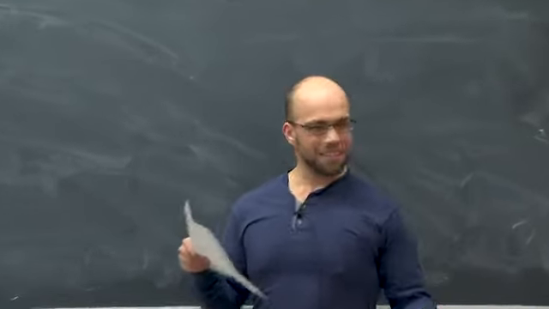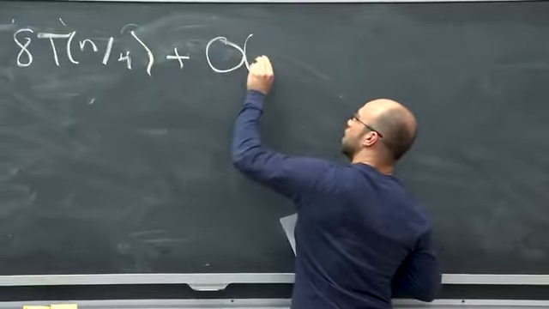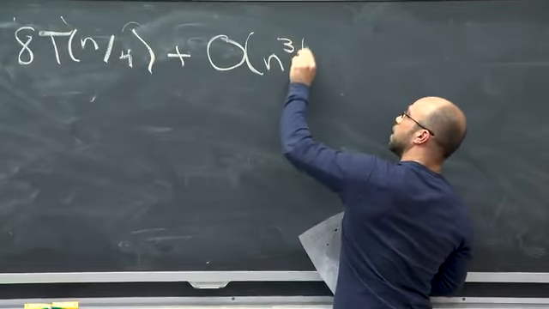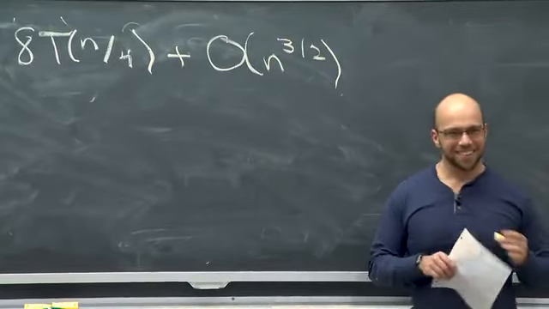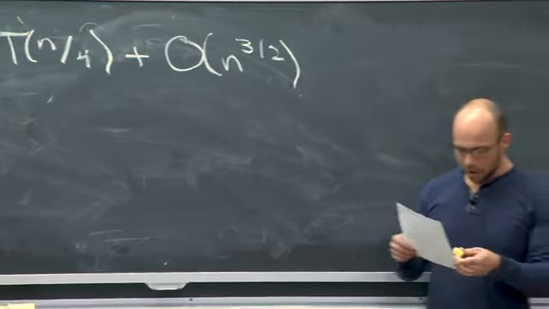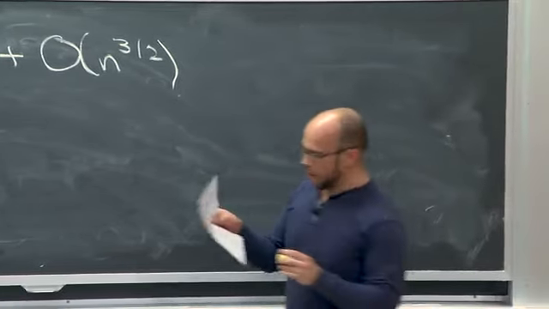We're all grown-ups here. That's the same as big O of n to the 3 halves. Yeah, that's just arithmetic.